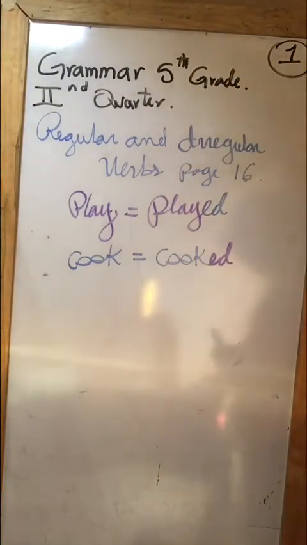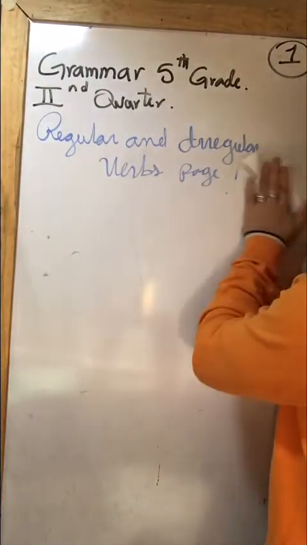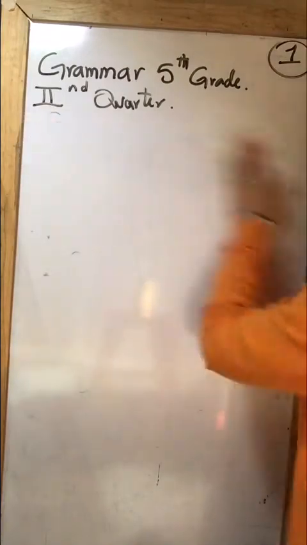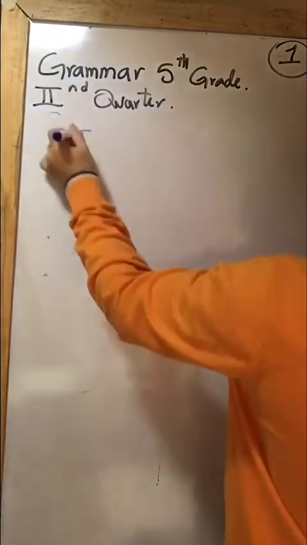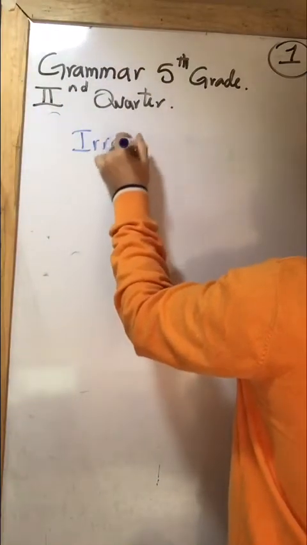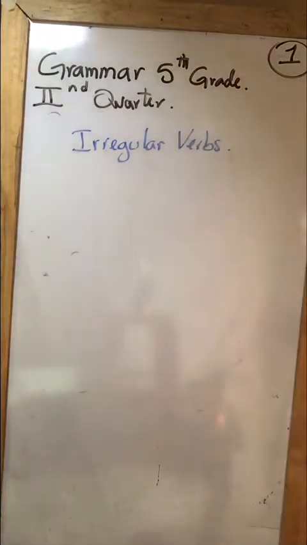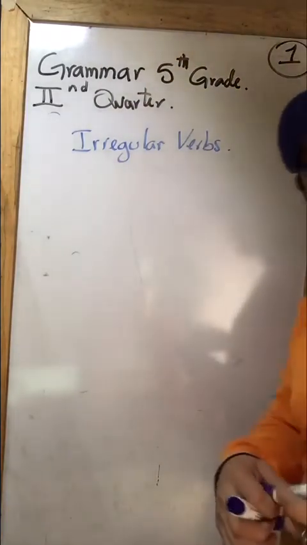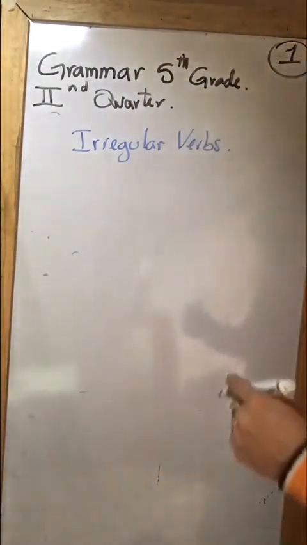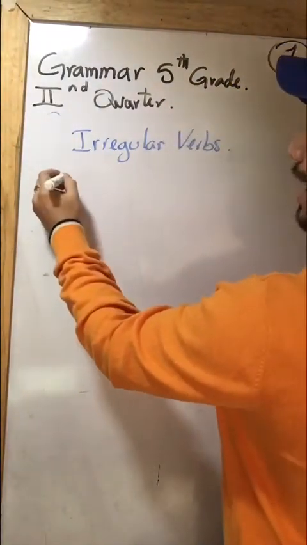So I'm going to erase the regular examples, and I'm gonna write. I hope that you copied, and if you didn't, you can always rewind it. We are going to copy and we are going to write irregular verbs. Okay? So for my irregular verbs, what I can write are the following words that you have in your book.